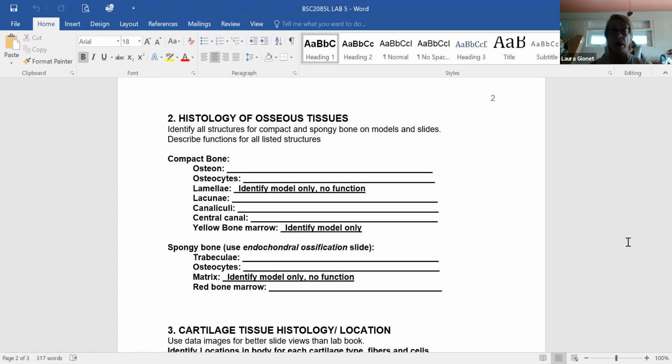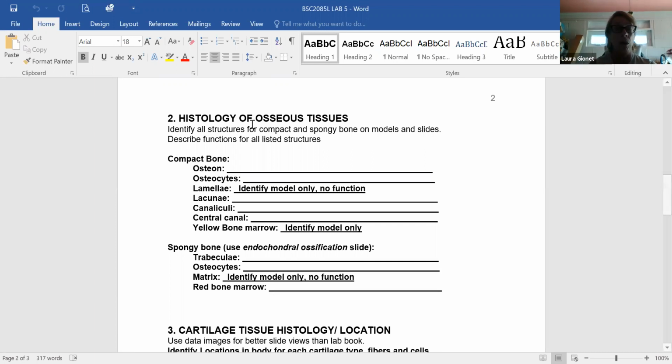And again, just like above, sometimes I just want you to identify it maybe on a model, but I don't necessarily ask you to identify everything, especially on the slides, because the models are made of plastic and so forth, and the artist can put as much detail as you want. But when it comes to actual slides, histologically, sometimes you can see these things, sometimes you can't.